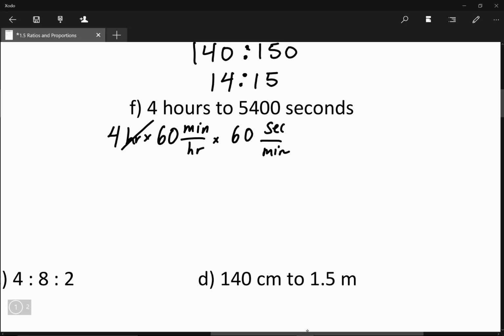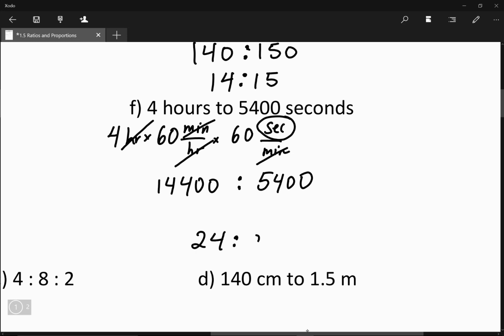Hours in the top cancels with hours in the bottom. Minutes in the bottom cancels with minutes in the top. So I know I'm right because I have seconds left over. So 4 times 60 times 60 is 14,400 seconds, and the ratio is 14,400 to 5,400. And if I reduce that into lowest terms, my lowest terms would be 24 to 9.